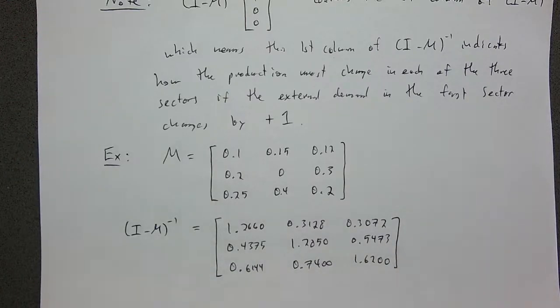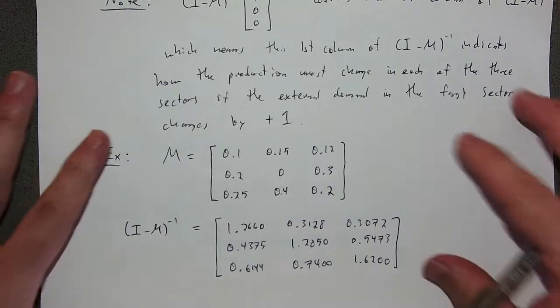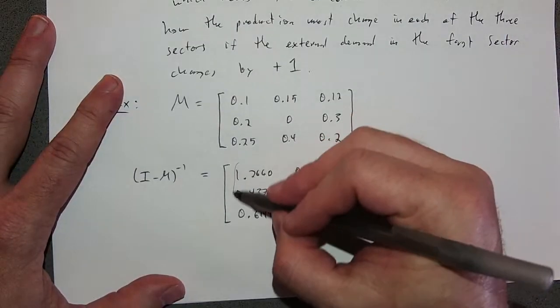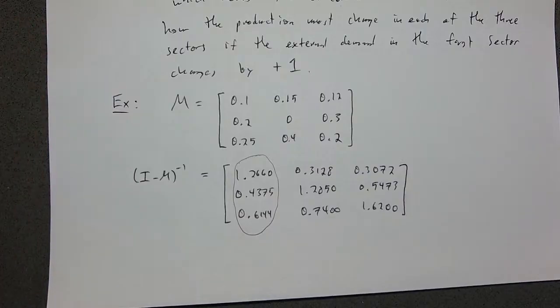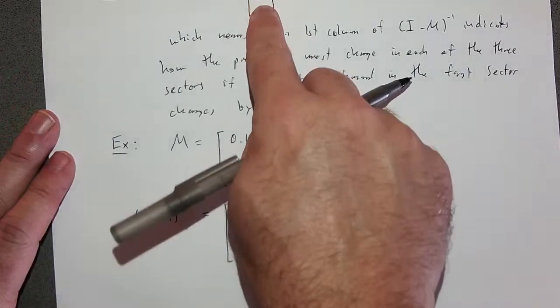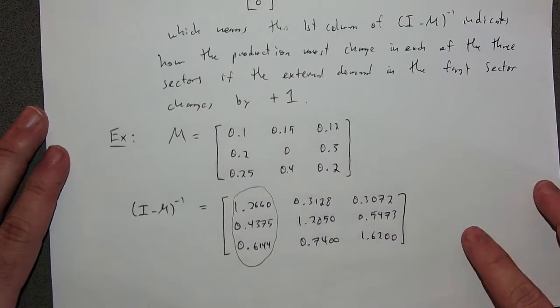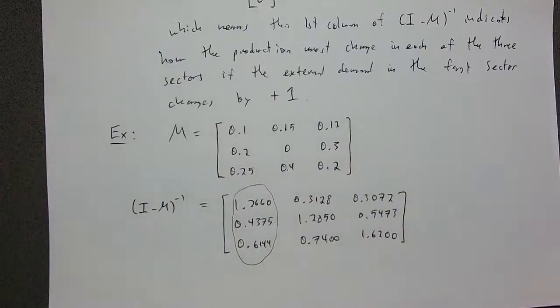Now, what does this mean if this column is getting picked out? When I multiply by the vector 1, 0, 0, it means that this column contains the info for how the external demand for product 1 changing by +1 unit changes the production in each of the sectors.